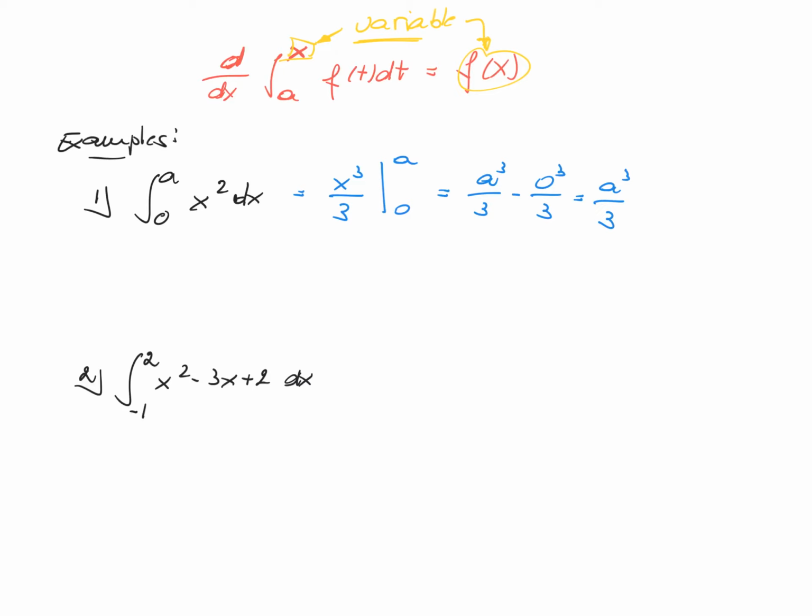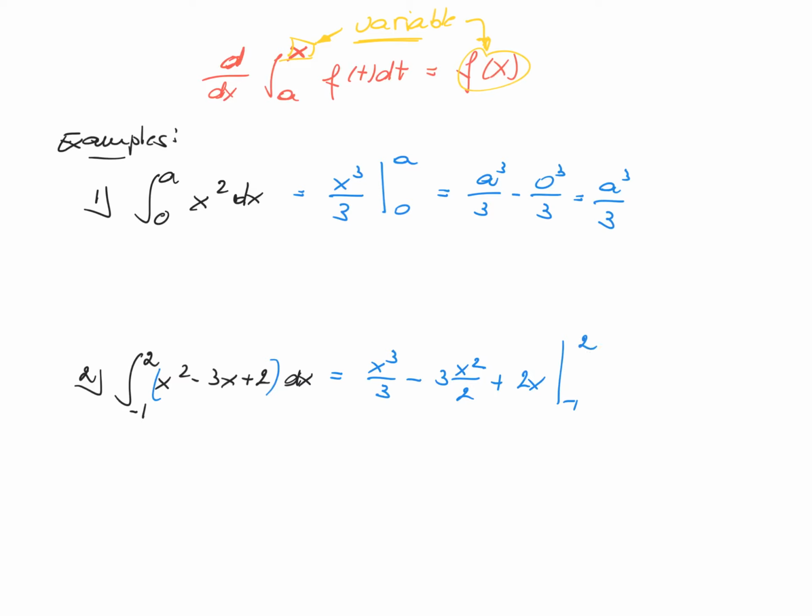For the other one, we do the same thing. We have our integrand, the function which we have to integrate. We do the integration, so this is x to the power 3 divided by 3 minus 3 times x to the power 2 divided by 2 plus 2 times x. And then this function is evaluated between minus 1 and 2.